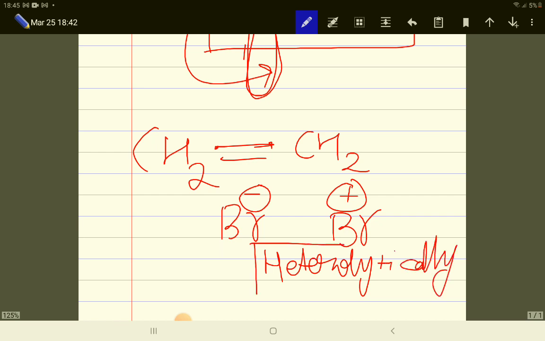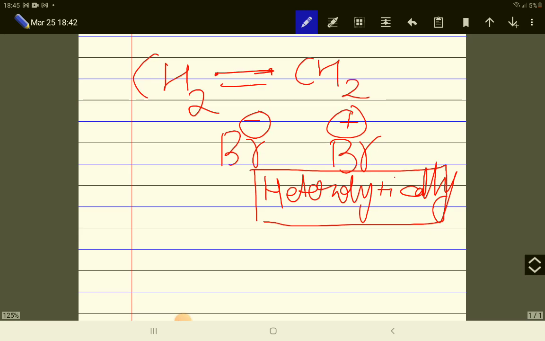We already saw that homolytic division results in the production of free radicals, but here the bromine atoms break heterolytically, because of which they acquire a negative and positive charge respectively. Now this Br plus, which is very important to us, is called the bromonium ion.